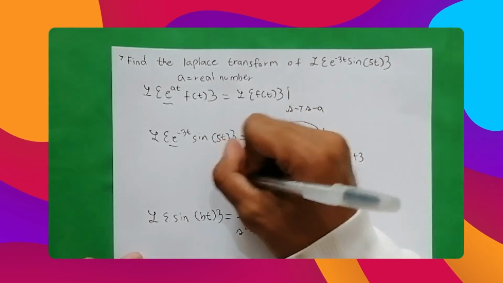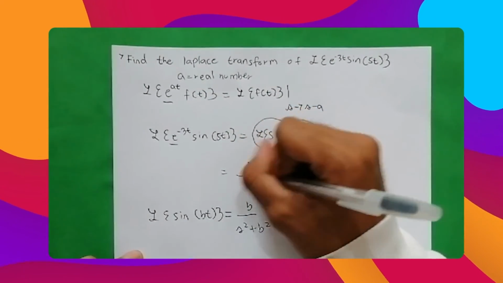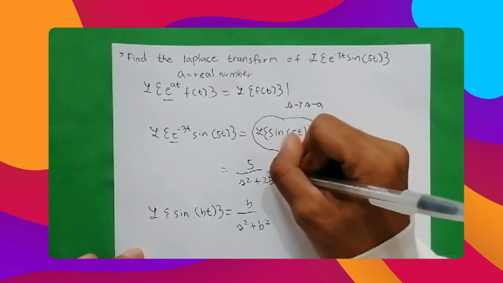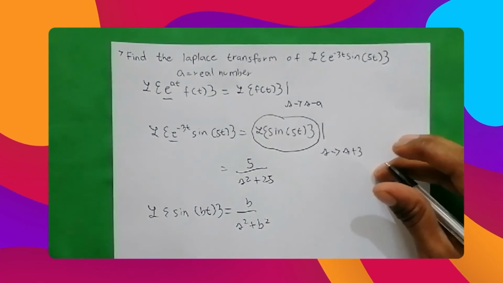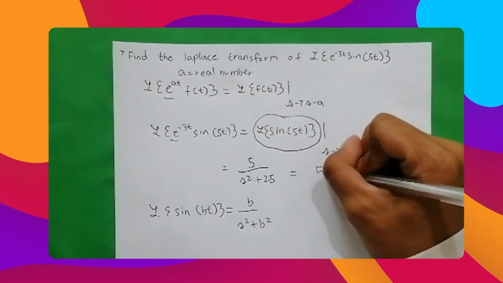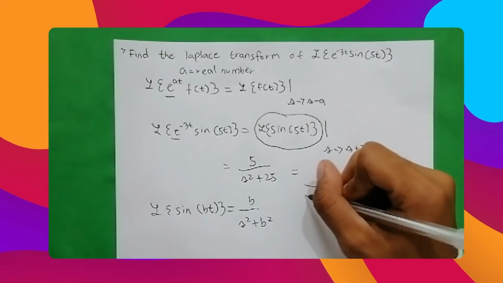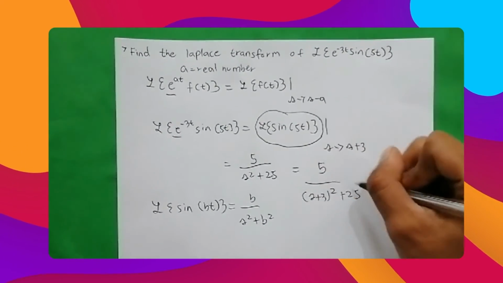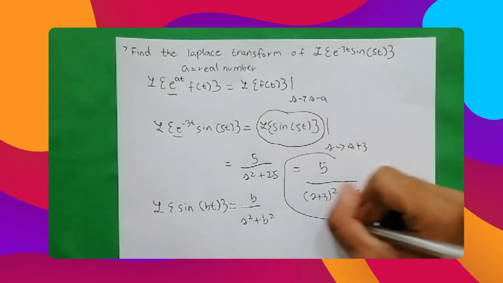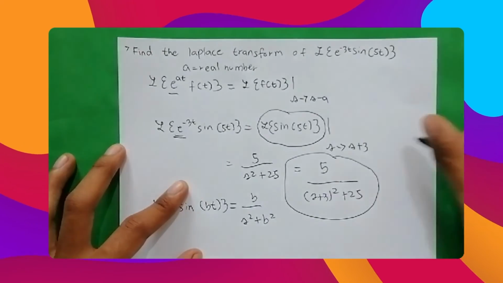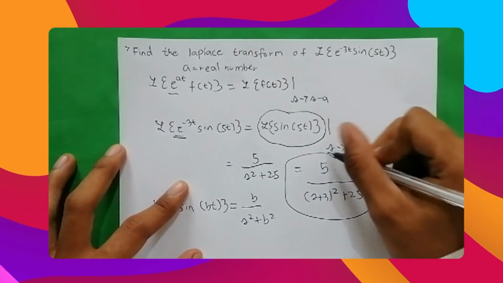So here we'll get 5 over s squared plus 25. And then we'll replace the s with s plus 3, so we'll get 5 over (s plus 3) quantity squared plus 25. So this is the answer. So basically, we have to drop the e and replace it with a shift.